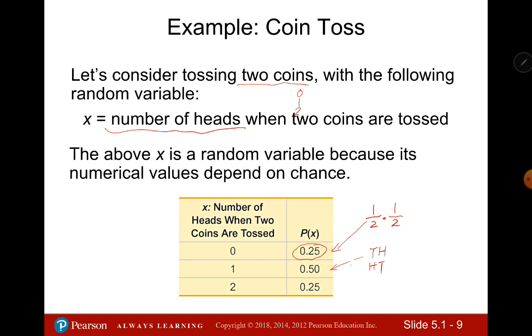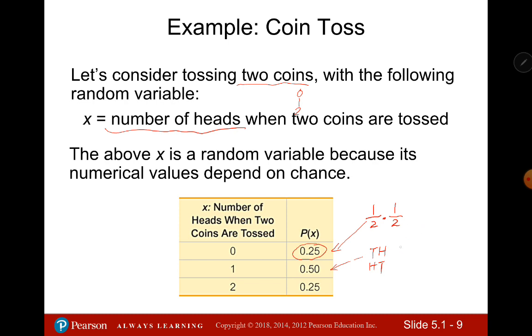It can be separated into two different situations. The first one got a tail and the second one is a head, or the first one is head and the second one is tail. So tail, head, or head, tail are simple events.